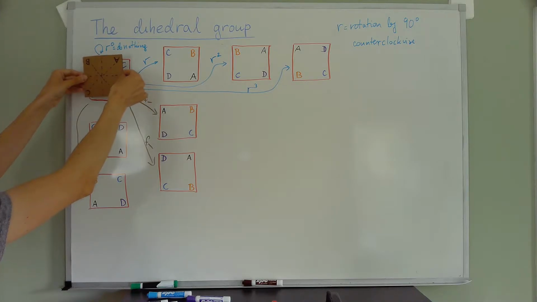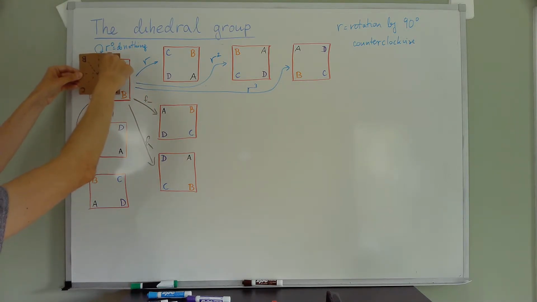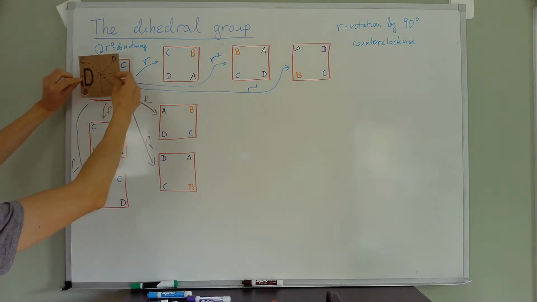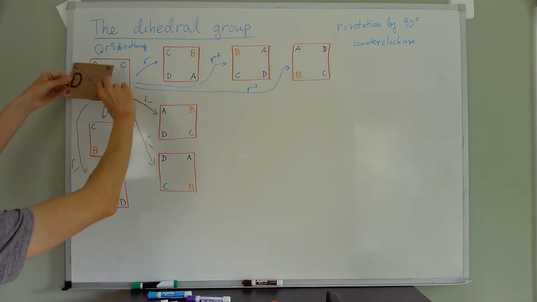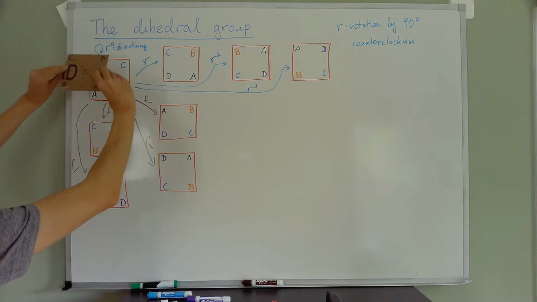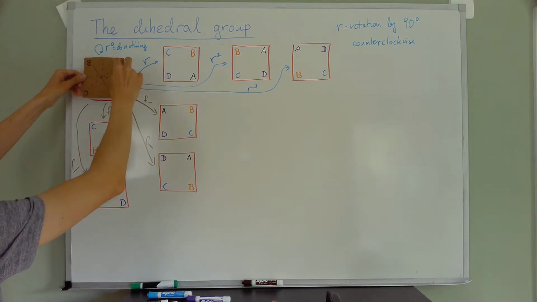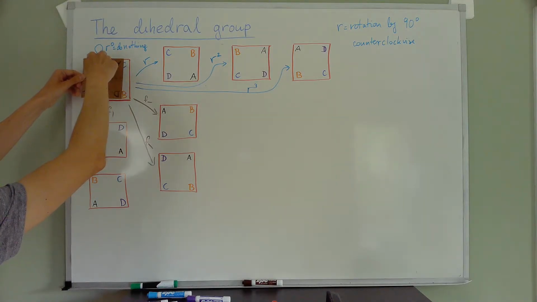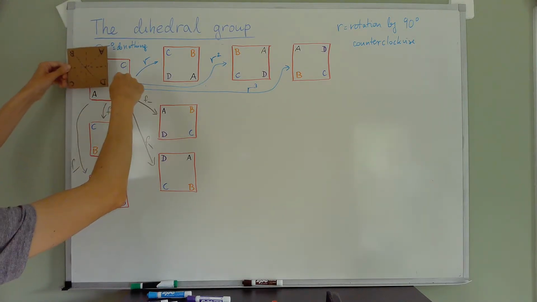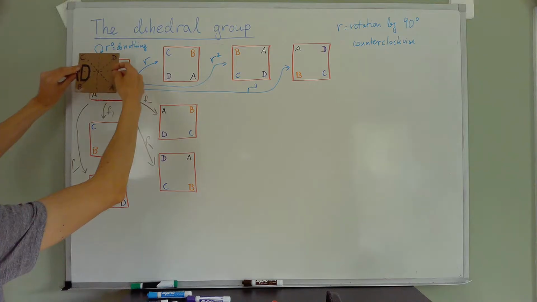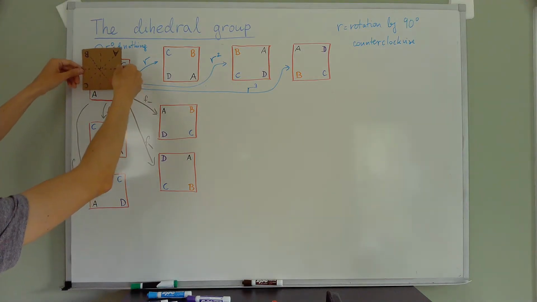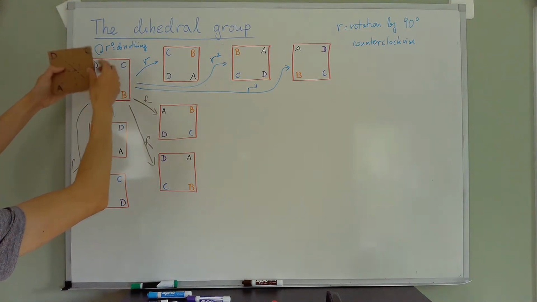What happened to the vertices? A went up here. Sorry, my picture is not really good.